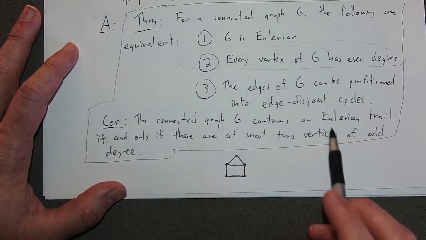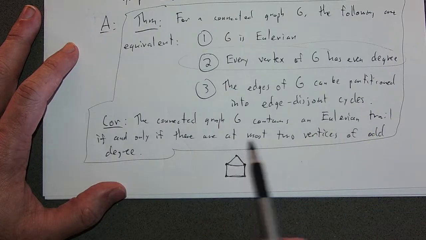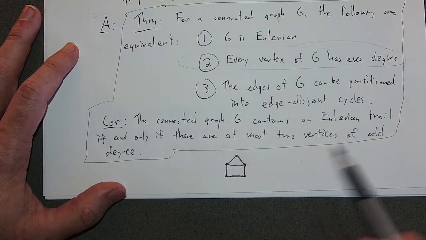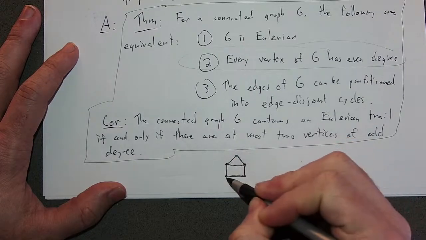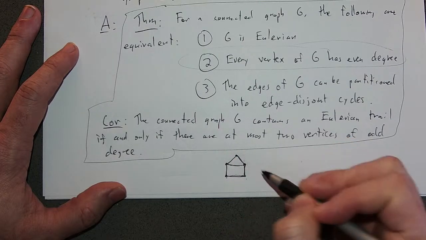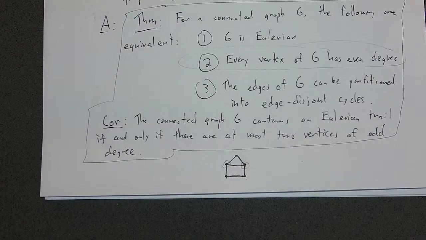This corollary says that a graph can contain an Eulerian trail if and only if there are at most 2 vertices of odd degree. You'll notice about this graph, this vertex has degree 2, this vertex has degree 2, this vertex has degree 2, but this one has degree 3, and this one has degree 3. Having a single odd degree vertex means you can't be Eulerian, but having no more than 2 means you at least contain an Eulerian trail.